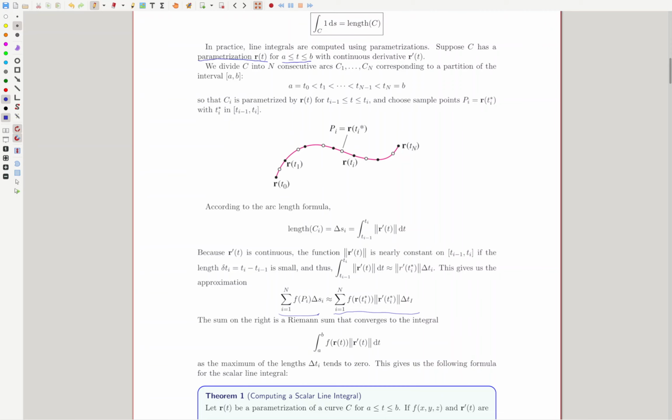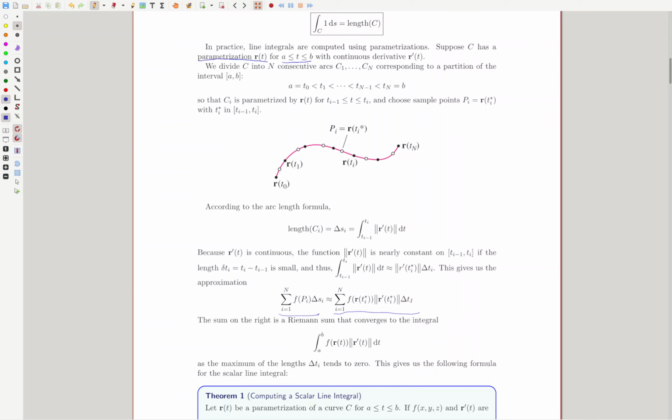Once we have a parameterization, it's easier to calculate things rather than having to deal with a limit of an infinite sum. So you can see that here we end up plugging in at the point that corresponds to this f of pi. And then some things are being stated here about how this quantity approximates the length.